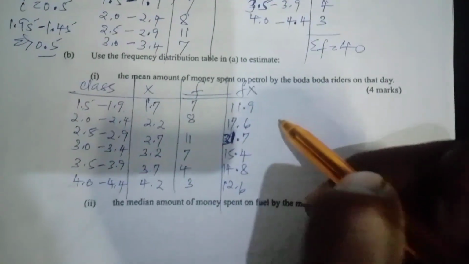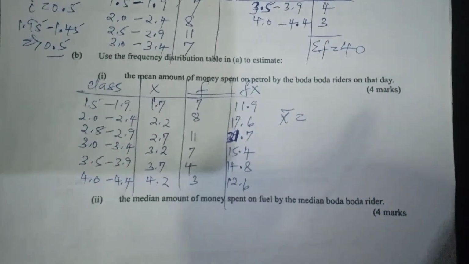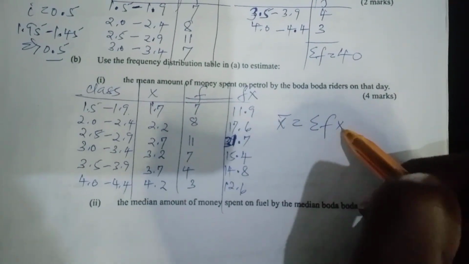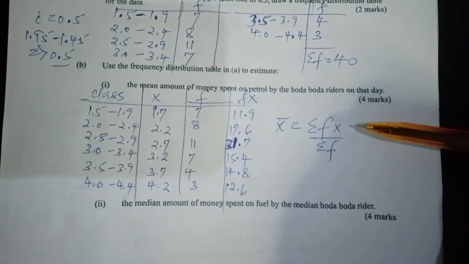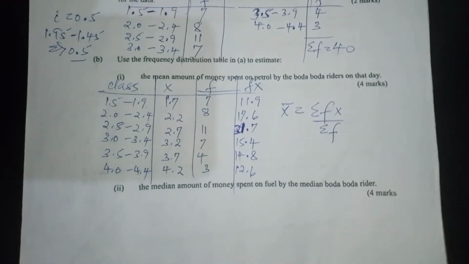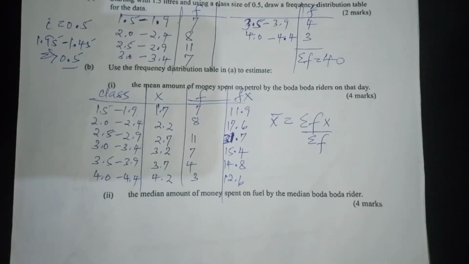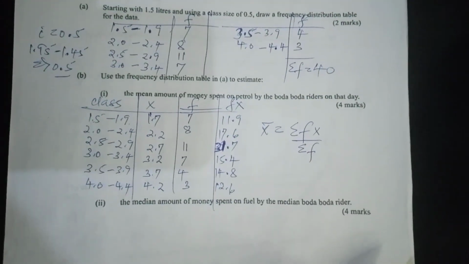So for you to get the mean, we have the sum of fx over the sum of f. So we are going to add this column and divide by the total number of items, which is 40. Then we go to the median.